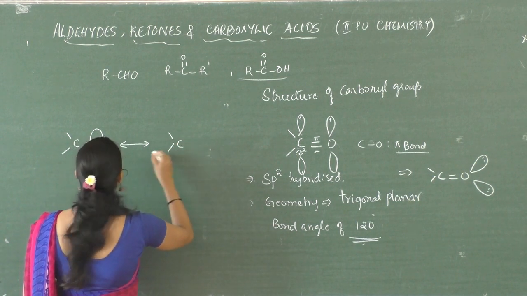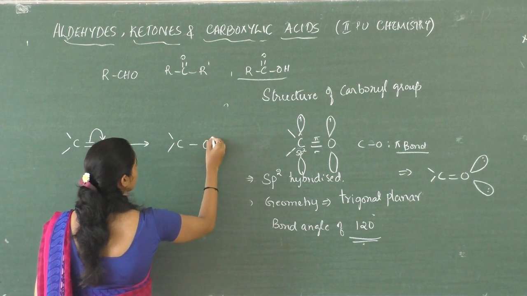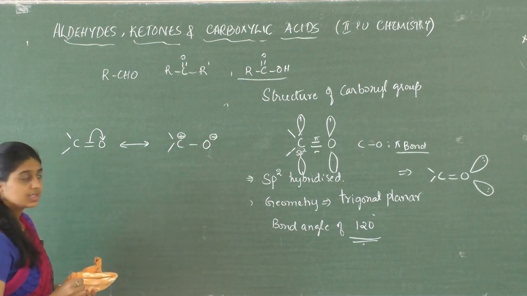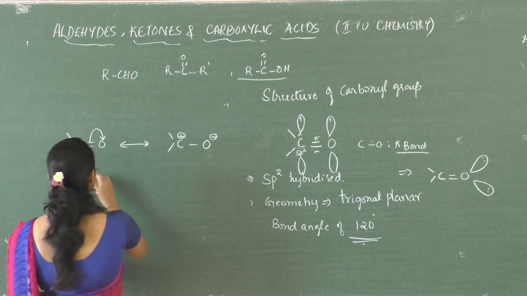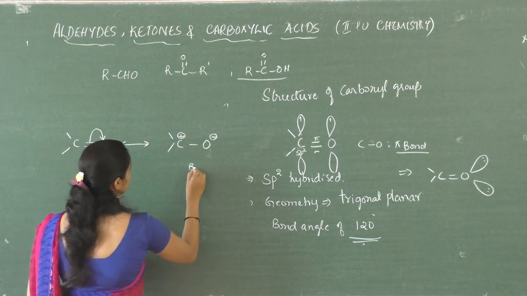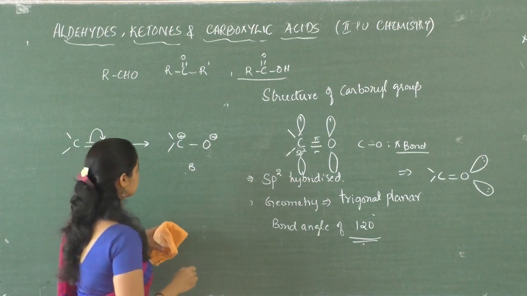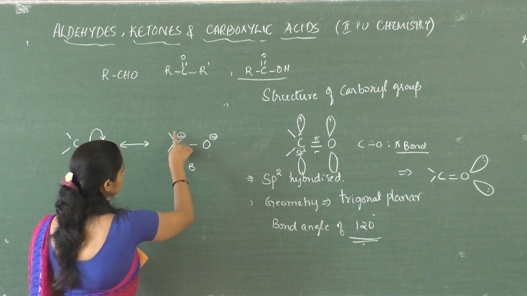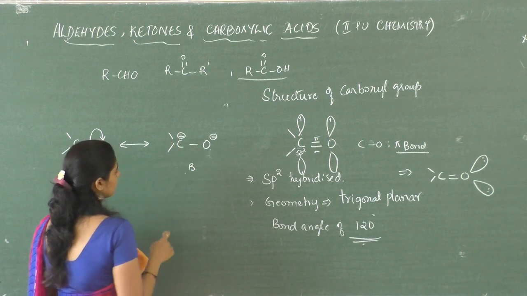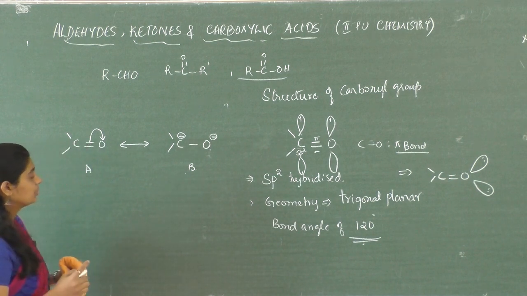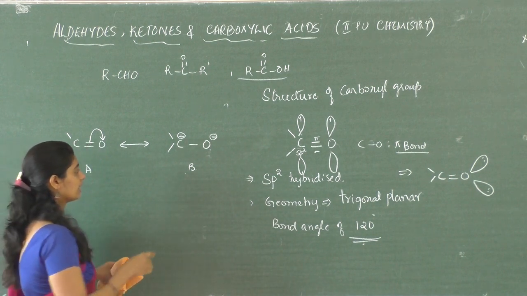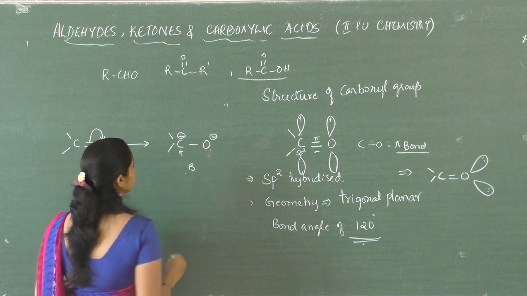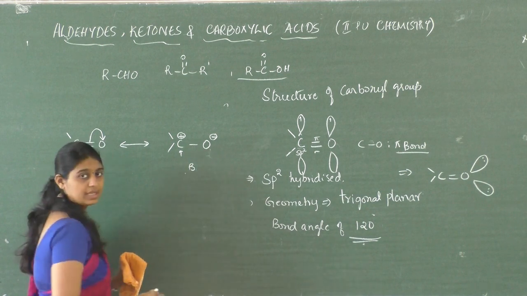This becomes a carbon to oxygen single bond with an excess negative charge on oxygen, and the carbon will gain a positive charge. So this is a dipolar molecule. With the positive charge on the carbon atom, this acts as a Lewis acid and the oxygen as a Lewis base.